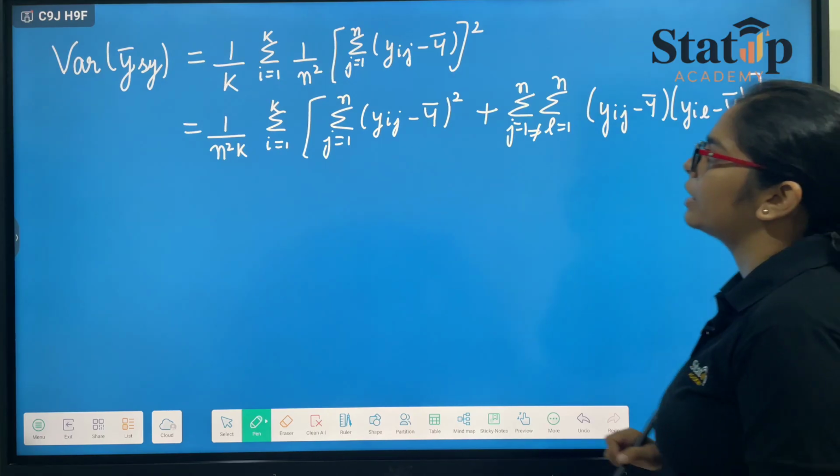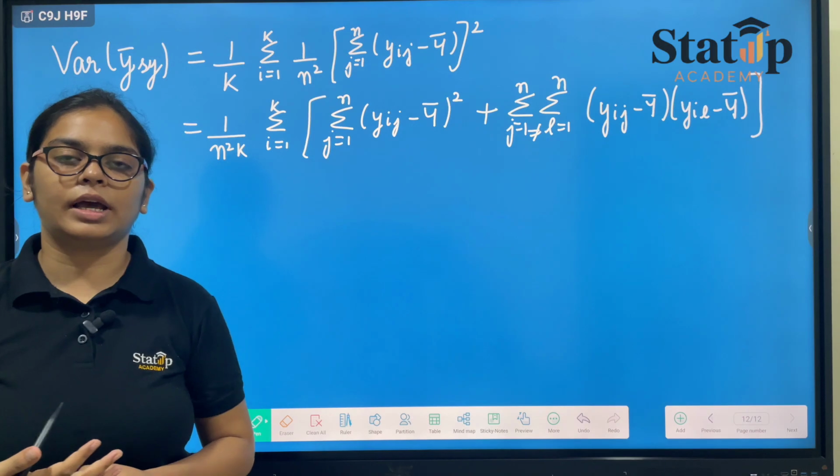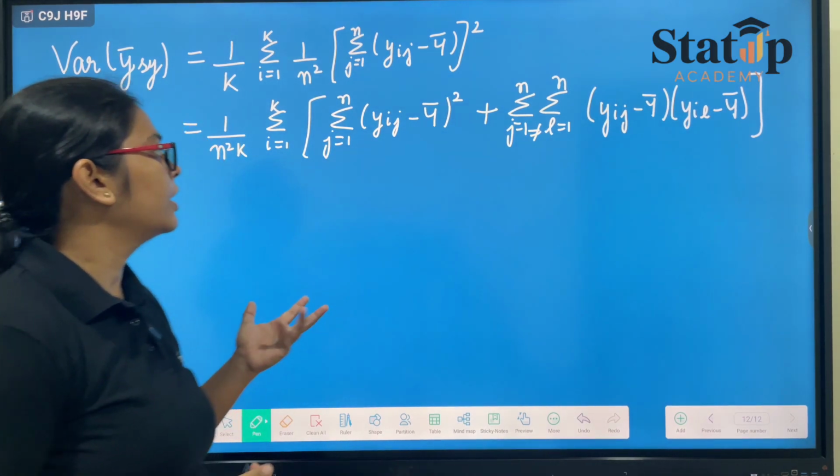This is the formula that we read in estimation theory or estimation model. I hope you all know where this formula came from.